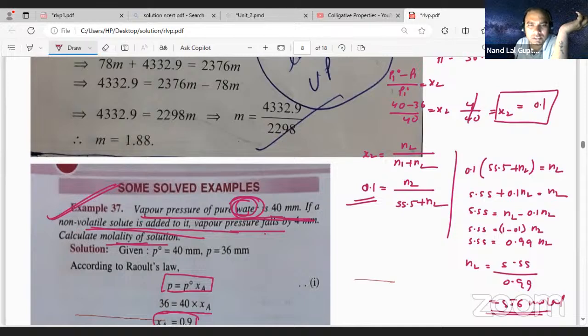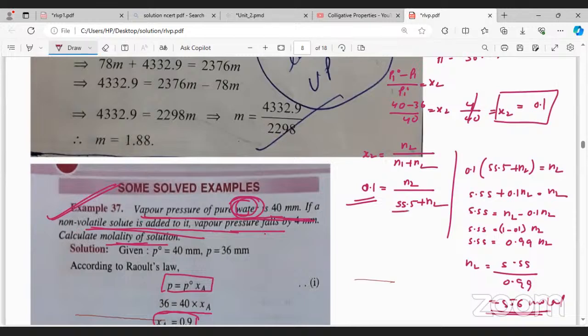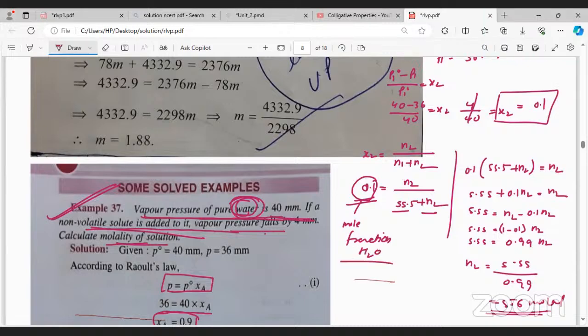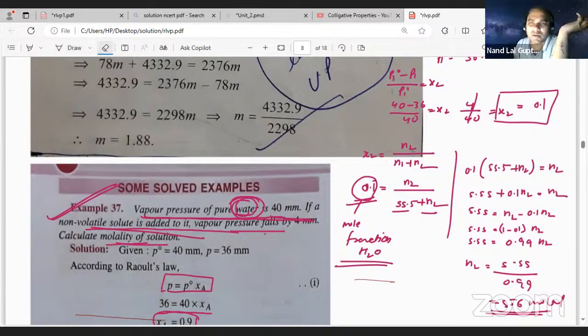So n2 is there, and n2 we consider to be the solute, 55.5. But this is the mole fraction of water. Are you getting this one? But what is required? We require the mole fraction of solute, no?